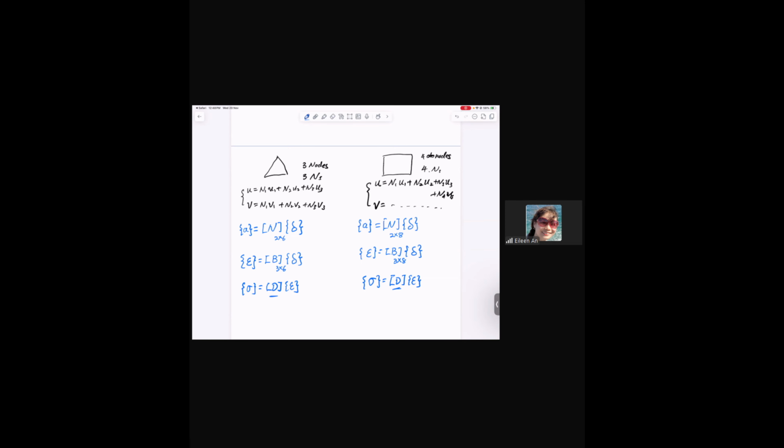If this is for plane strain, you have to use the D matrix for plane strain. But other than that, no matter it's triangle element or rectangular element, this equation remains the same.